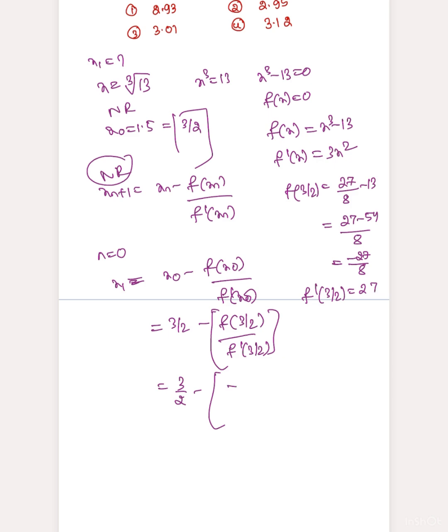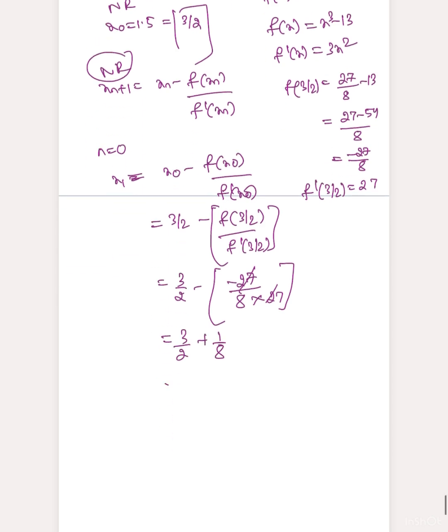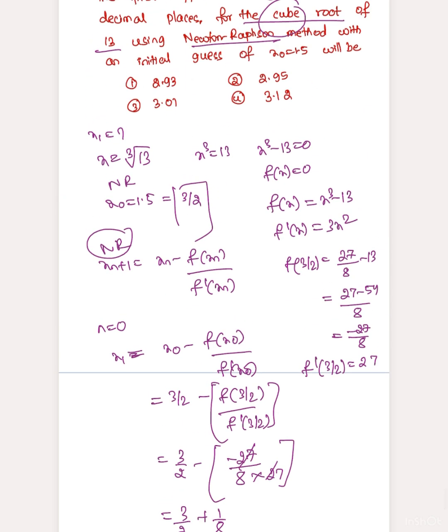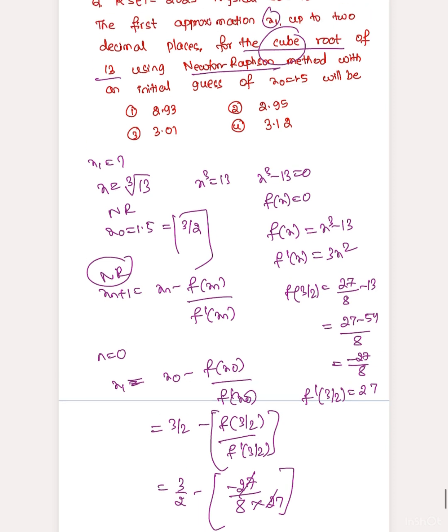This is minus 27 by 8, this is 27. This is 3 by 2 plus 1 by 8. This is 12 plus 1, this is 13 by 8. I think somewhere I have missed something.